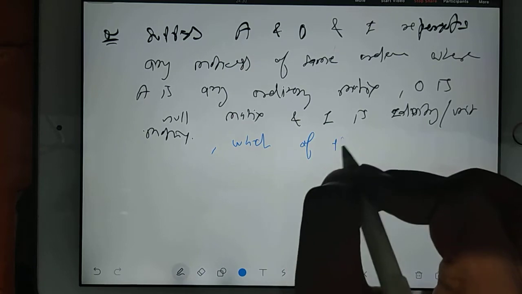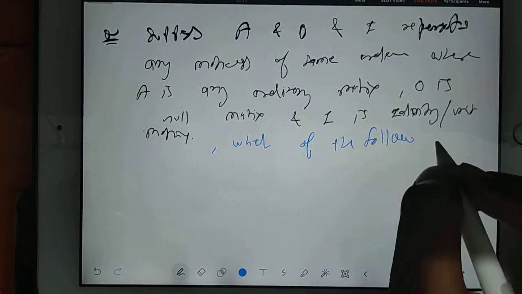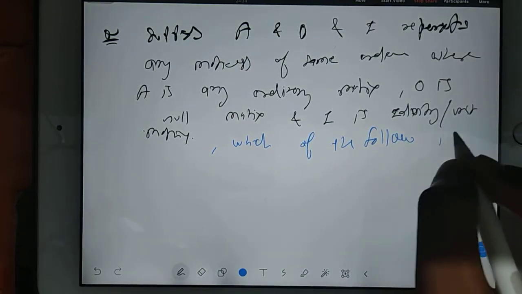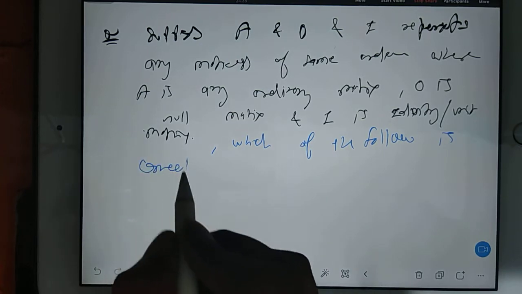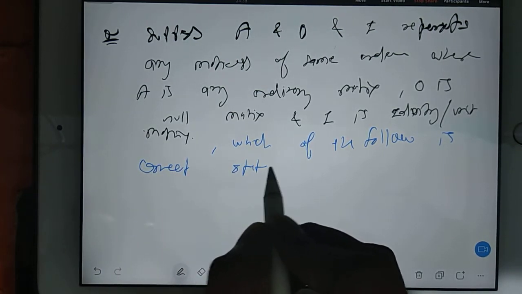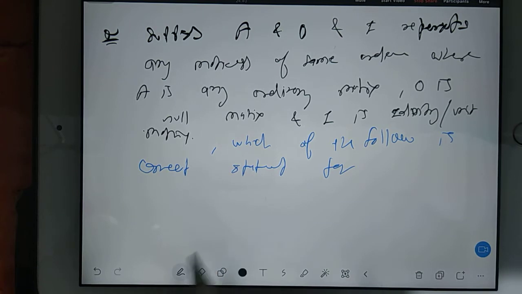Which of the following is a correct statement?